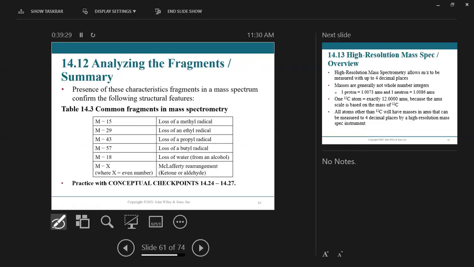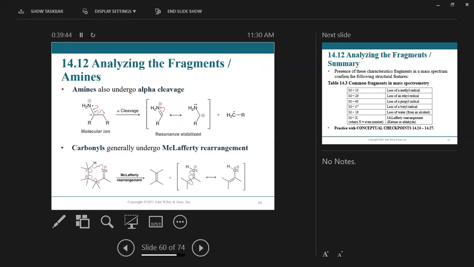Common fragment losses: methyl, ethyl, propyl, butyl, 18 is water, and then M minus X, where X is even numbers, and McLafferty rearrangement for a ketone or aldehyde. If you ever want to go back to the McLafferty rearrangement, it's right here.